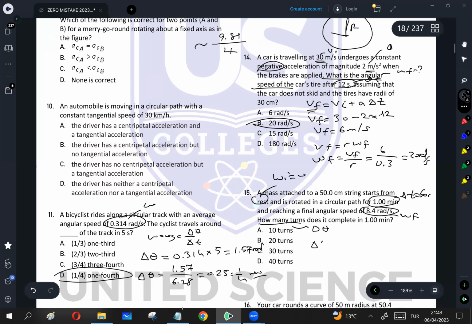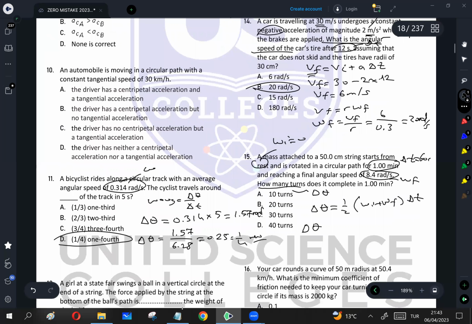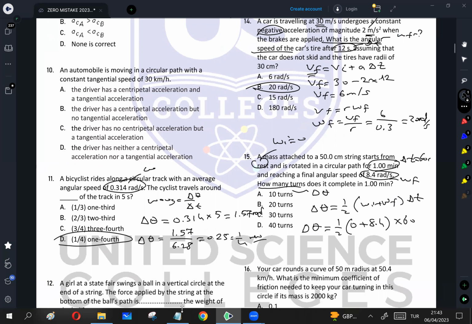Of course, I am going to use the second kinematic equation, 1 over 2 times omega initial plus omega final, multiplied by delta t. We can find it first in radians: 1 over 2, initial is 0, final is 8.4, delta t is 60 seconds. So it's going to be 252 radians.